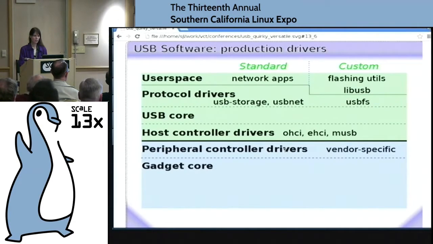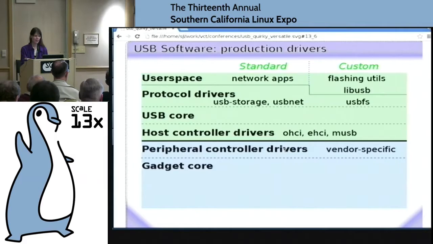Then you have a gadget core, which is the common framework again in the kernel. And this one actually has some nifty features in it. The gadget core includes this composite gadget stuff, which is basically build your own target where you have multifunction devices and you can reconfigure them dynamically, and there's some pretty interesting stuff there.